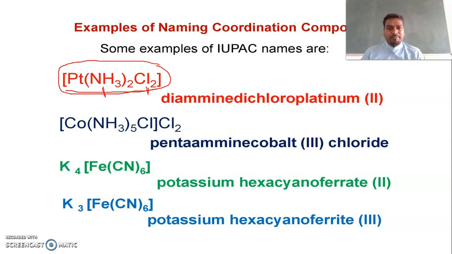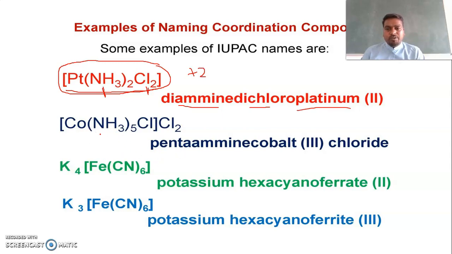And platinum's oxidation state is +2. While naming, you have to identify its oxidation number, because you have to write it at the end of the name within brackets. Otherwise the name would not be complete. The name is diammine dichloro platinum(II) complex. This is the name.